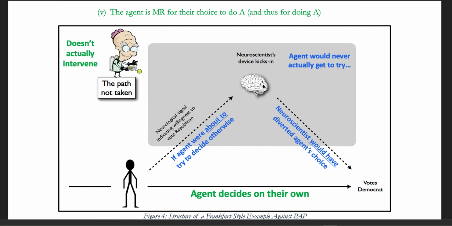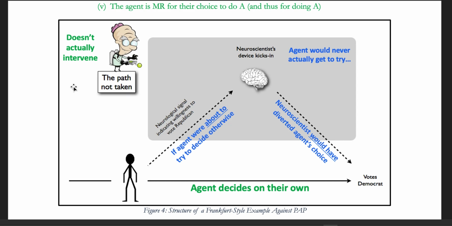The Frankfurt case doesn't show us that PAP is true. It presupposes that PAP is true. If this is determined, it can't show us that PAP is false. It has to presuppose that it's false. Because if this is determined, then the agent can't do otherwise. And then to say he's responsible requires PAP to be false and compatibilism to be true.